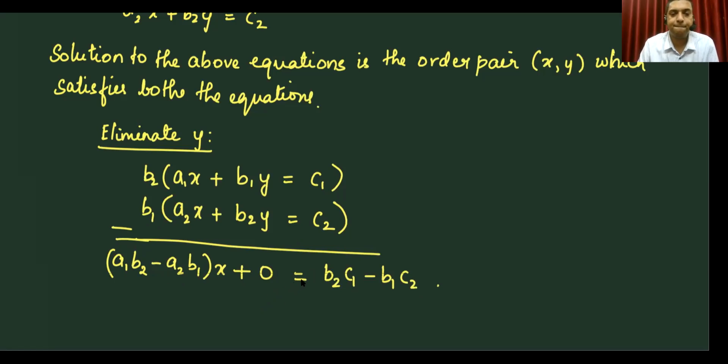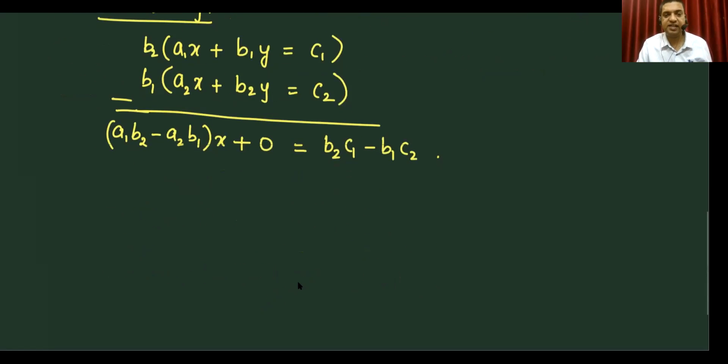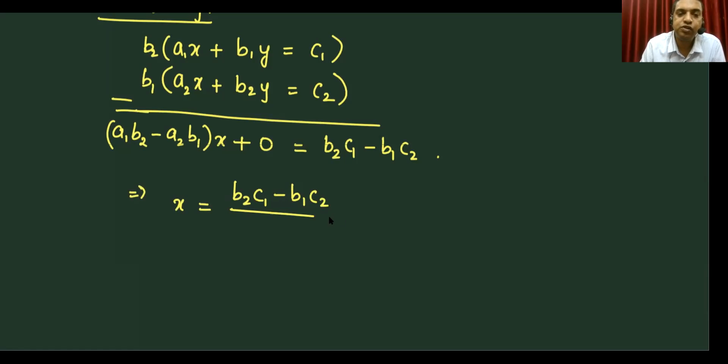So what is x? x is b2 c1 minus b1 c2 by a1 b2 minus a2 b1. This we can write as a determinant.